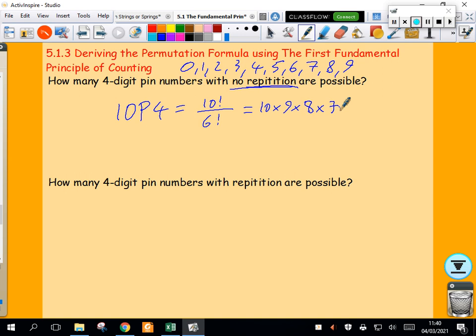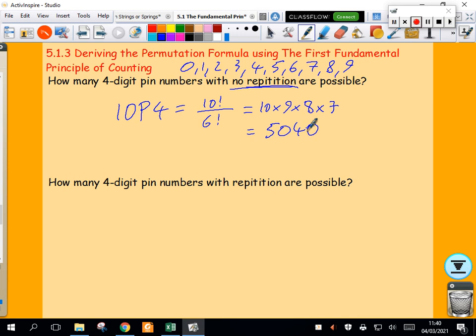So we can work that out by hand. 10 nines are 90. 90 times 8, 720. 720 times 7, well, 700 times 7 is 4,900 plus 20 times 7. I'm getting 5,040 there. So there are 5,040 different 4-digit pin numbers with no repetition.